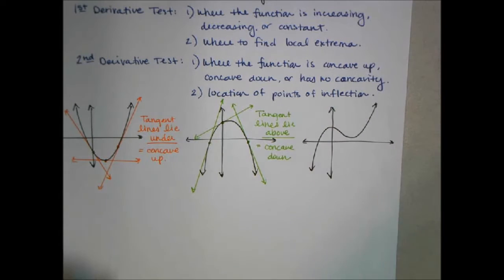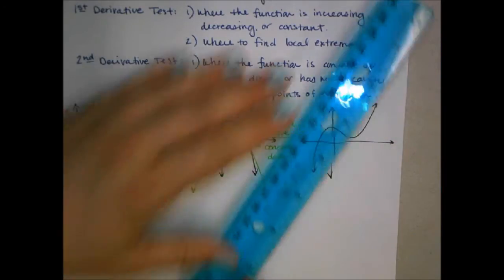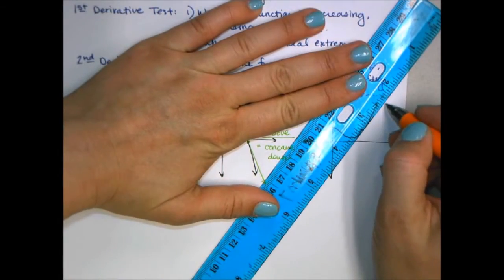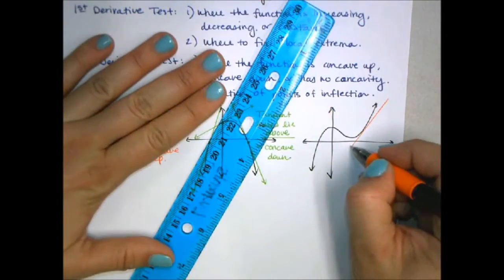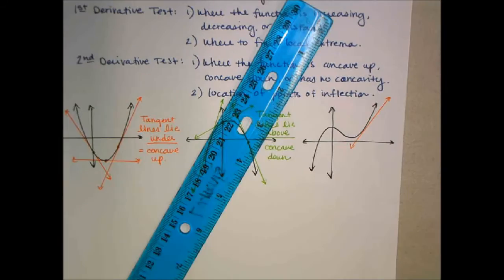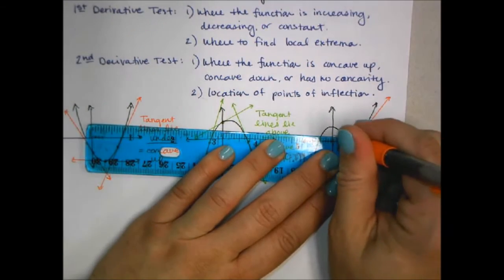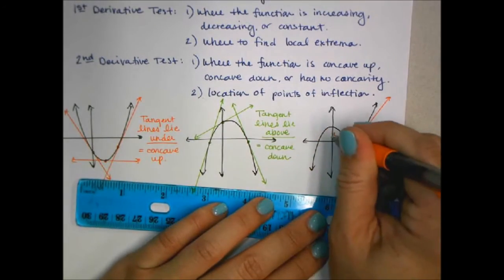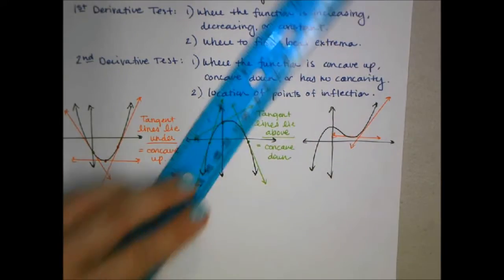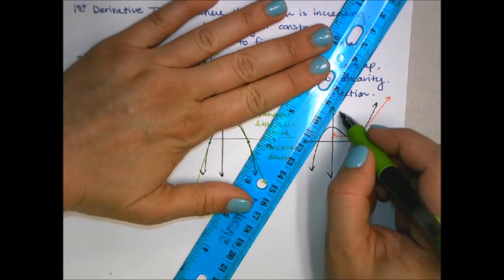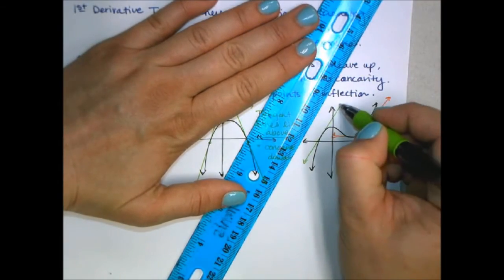And so we're going to make some tangent lines here. I can see under the curve, concave up. Over here, under the curve, concave up. At some point, it switches to concave down because my tangent lines are now above the curve here.